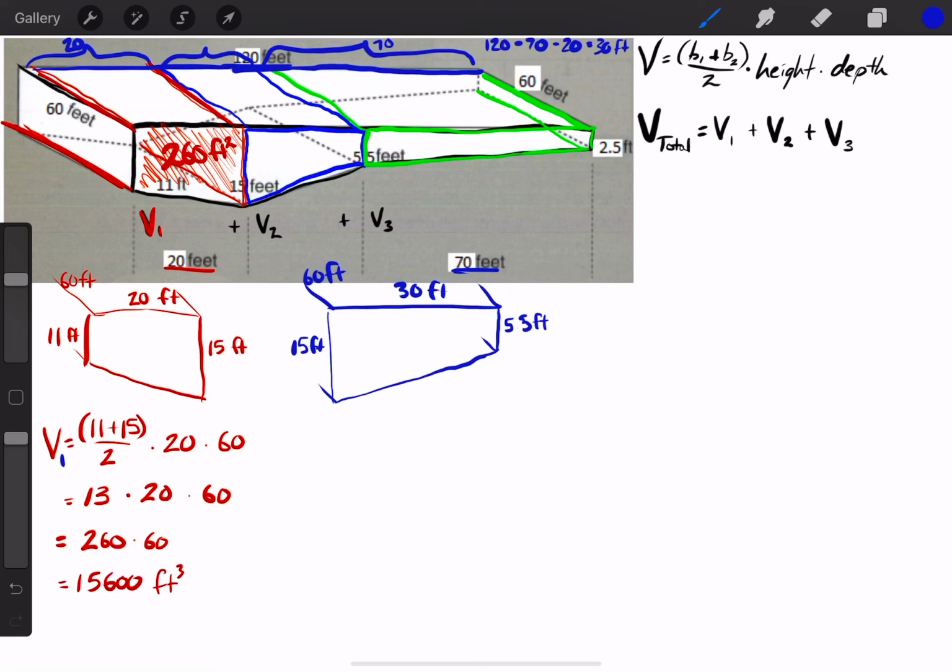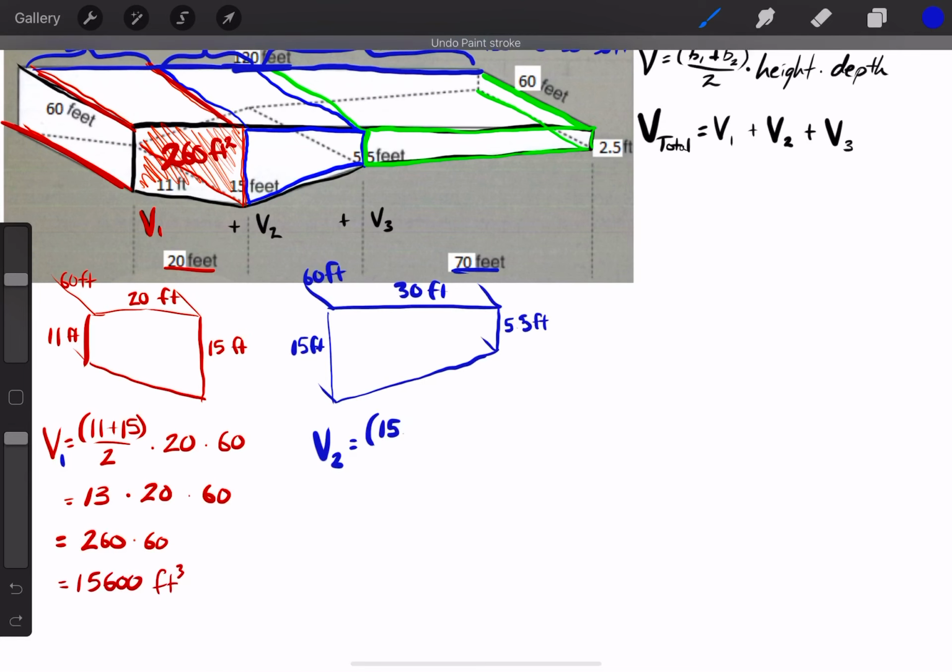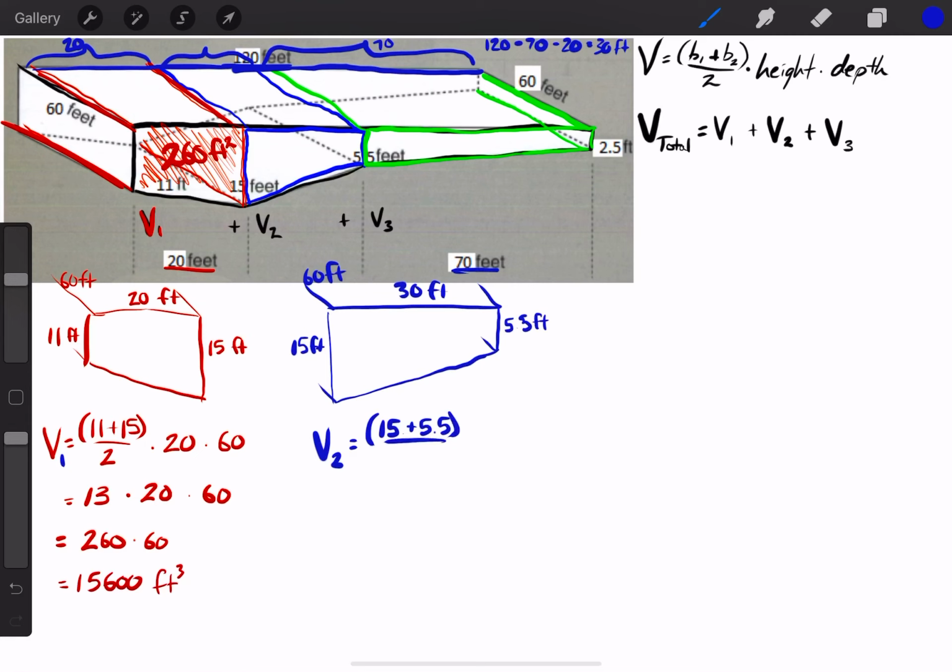So for V2, again, we're going to find the average of our two bases, 15 plus 5.5 divided by 2, times 30 times 60. So 15 plus 5.5 is 20.5, divided by 2 is 10.25.